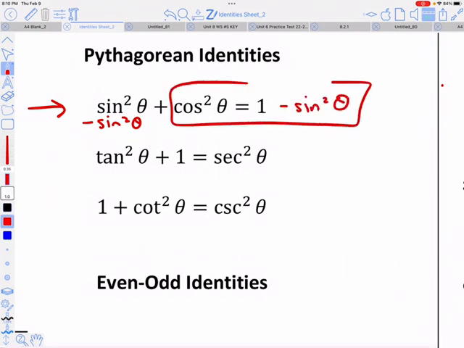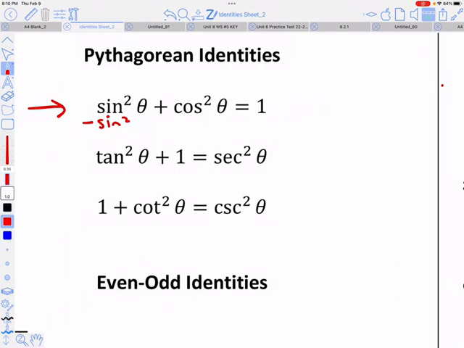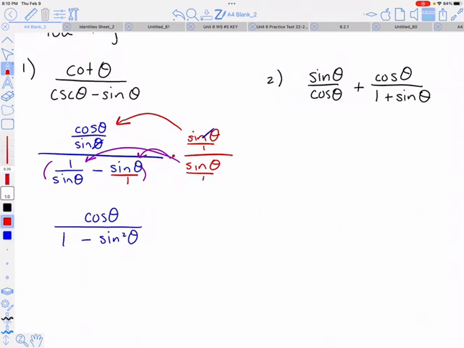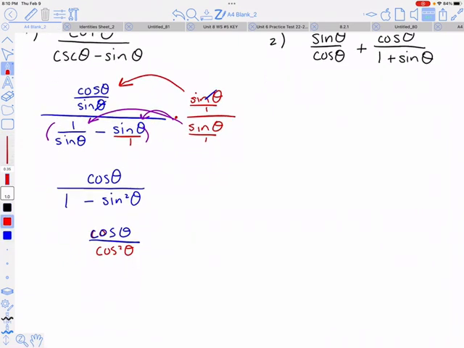So I'm going to go ahead and replace the whole 1 minus sine squared with cosine squared. So this is now cosine over cosine squared. And this is like having an x over an x squared, right? So now one cosine will cancel out from the top, and I'll be left with 1 over 1 cosine left on the bottom, and that is secant. Okay.